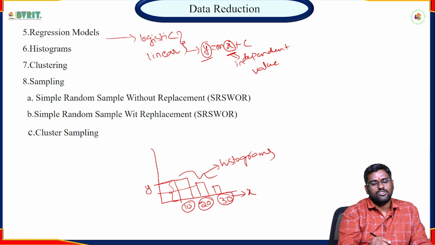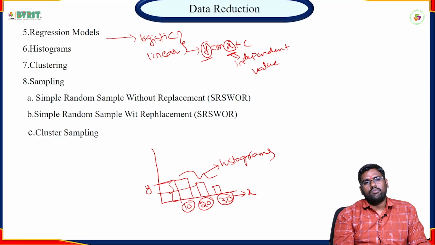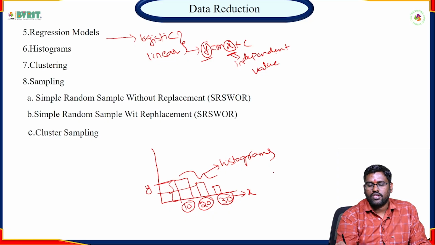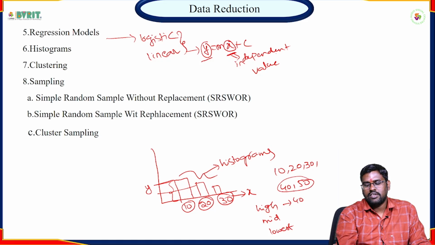Next one, clustering. Clustering means a group of similar items is placed into similar clusters. For example, 10, 20, 30, 40, 50. Total 5 values are there. We take the highest values, middle values, and lowest value. Highest values are 40 and 50: 40 plus 50 by 2, 90 by 2, is 45.